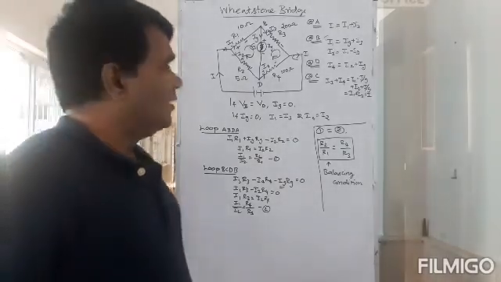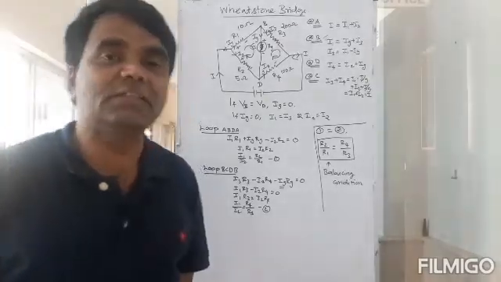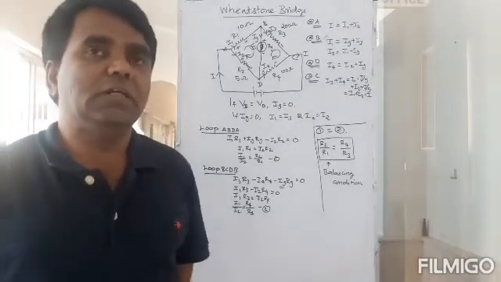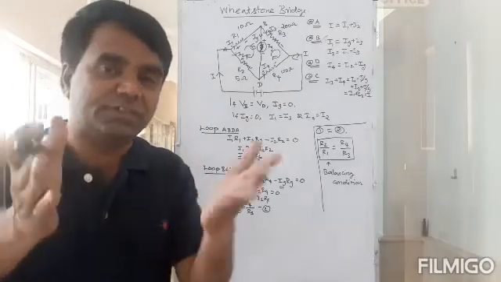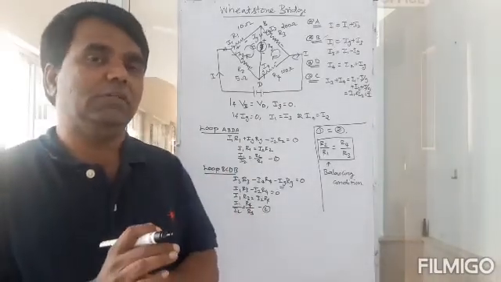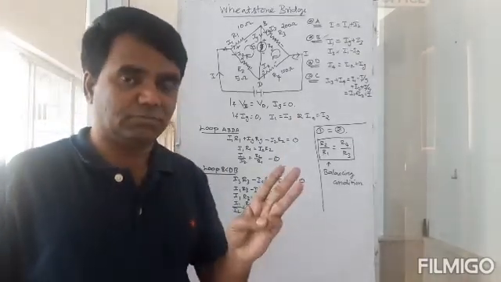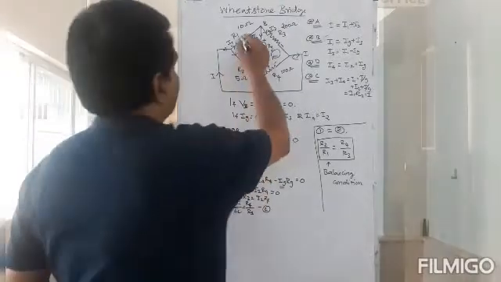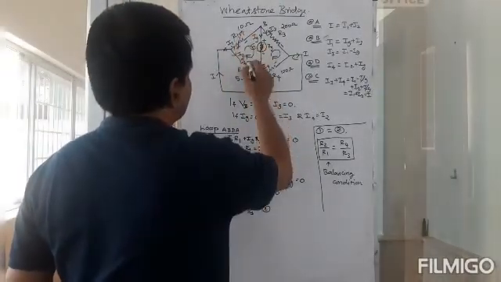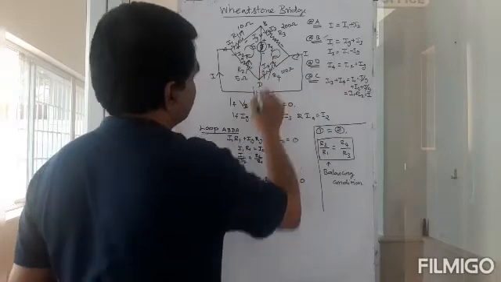Well, how can I use this to find an unknown resistance? Let us suppose I have a resistor whose resistance I don't know. Then what I'm going to do is take 3 variable resistors. Let's say R1 could be a variable resistor, and R2 could be a variable resistor, and R4 could also be a variable resistor.